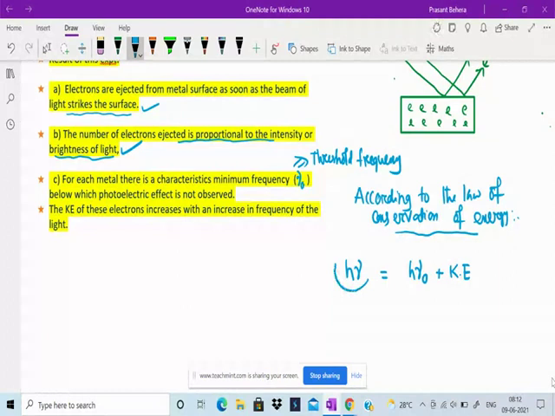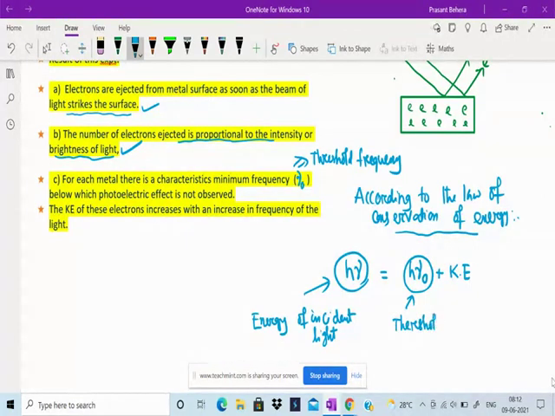This is the energy of incident light. This is the threshold energy, or it is called the work function energy.